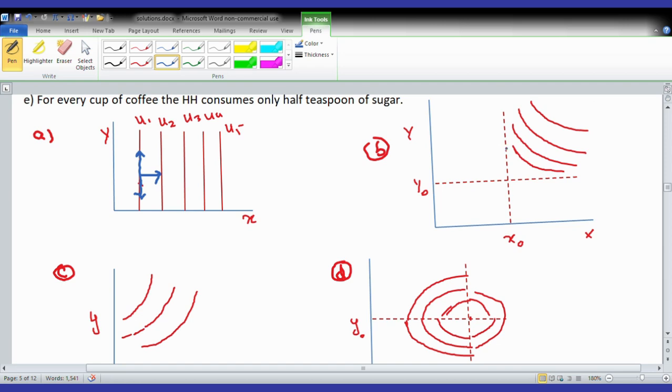If you are here, for example, you are consuming X less than X naught, so you won't be able to survive. If you are here, you will be consuming less than Y naught of good Y, you won't be surviving. If you are consuming here, you will be consuming Y less than Y naught and X less than X naught. Again, you won't be able to survive.